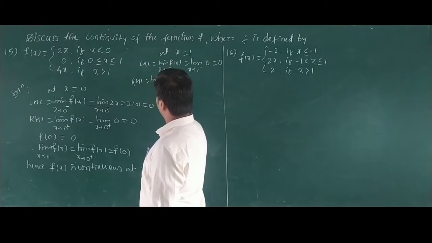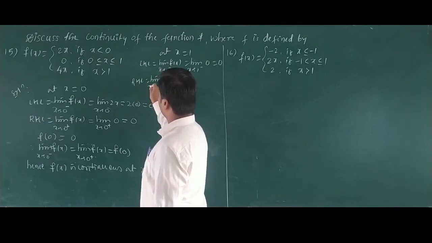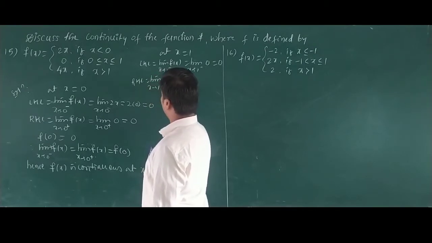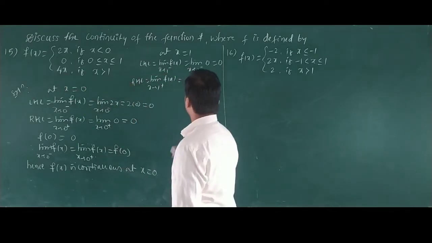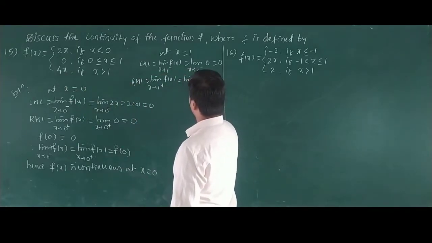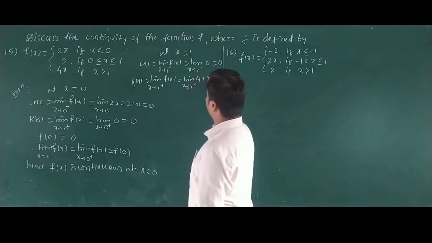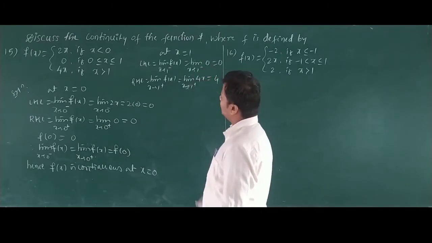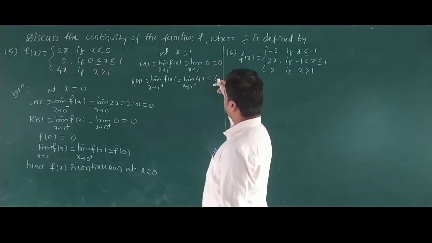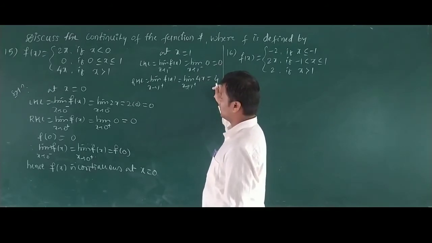Limit of f of x as x tends to 1 plus, here just 4x is defined. So limit of 4x as x tends to 1 plus, x is 1, so 4 into 1 is 4. So LHL value is 0 and RHL value is 4.